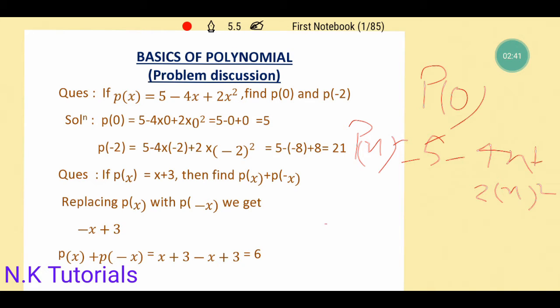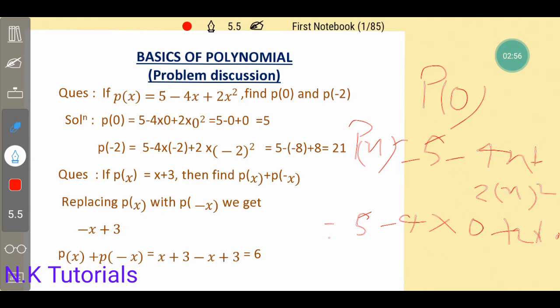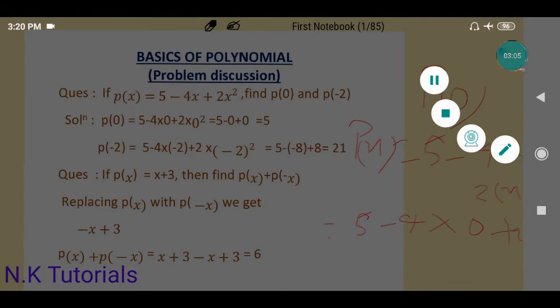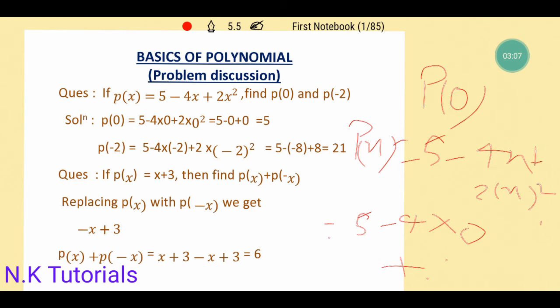What will happen? 5 minus 4 into 0 plus 2 into 0 square.